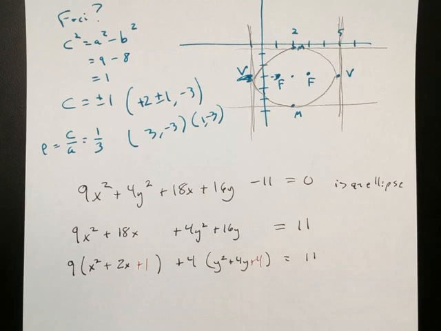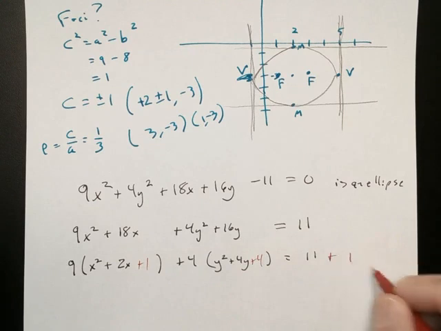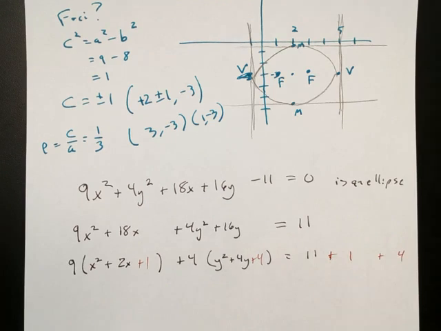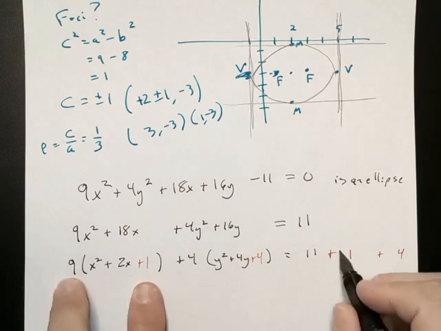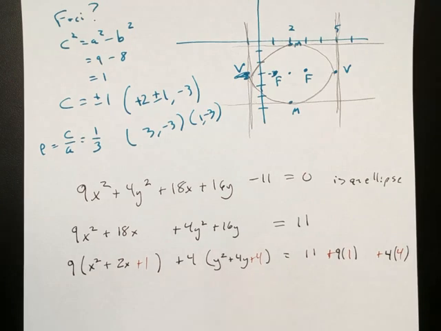But if I put it on the left, I have to put it on the right. So over here, there needs to be a +1, and over here, there needs to be a +4. But wait, there's more. Stuff on the left is inside parentheses. It means the stuff on the right needs to be inside parentheses also, and it needs to have the same number in front of it as it does on the other side.